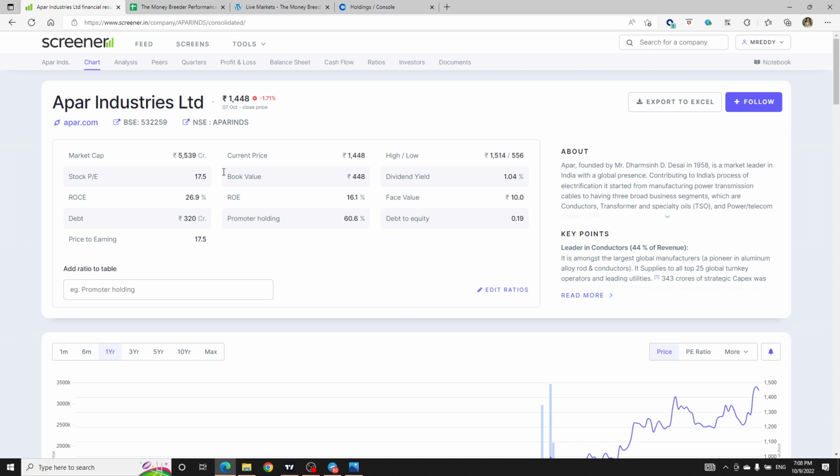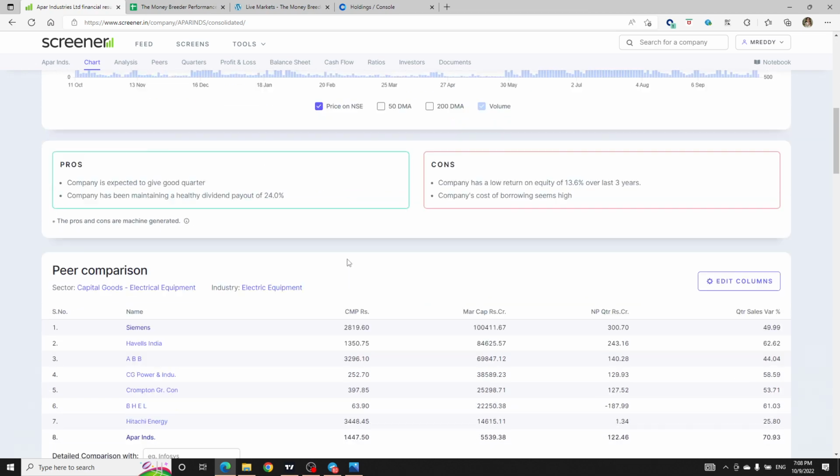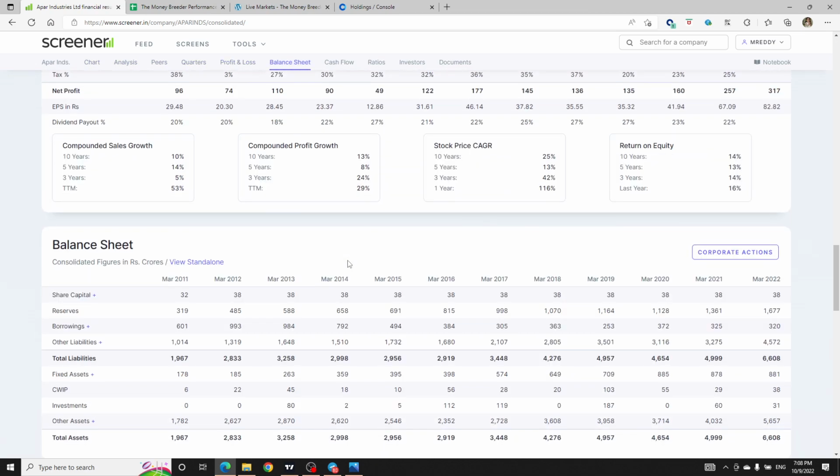Whatever they are earning, they have to pay interest of 19 paisa on every 1 rupee. If it is more, that means they have to pay more amount as interest. Whatever returns they are generating, they are paying as interest. That is not good for the company as well as shareholders. We won't get dividends.